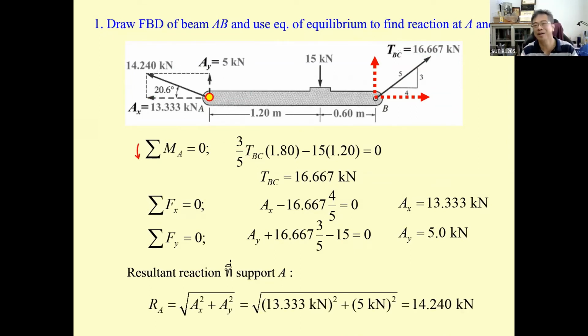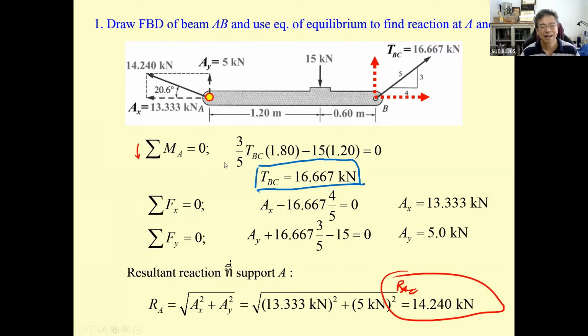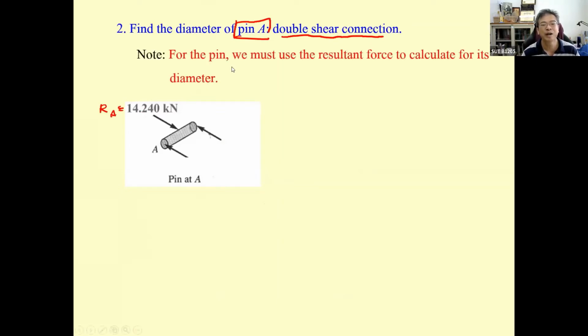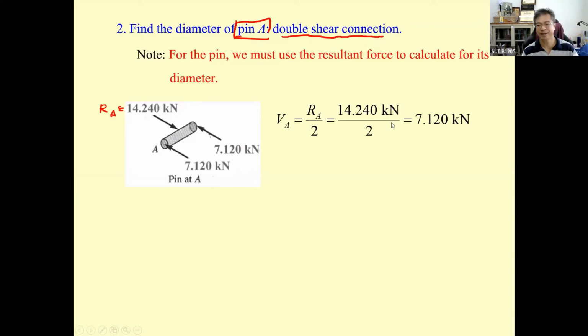We did the computation to determine the T sub BC, and we also computed the R sub A. And then we're going to decide it. The pin A is double shear. When the pin A is double shear, the R sub A 14.24 divided by 2, we're going to get V sub A, half of it.